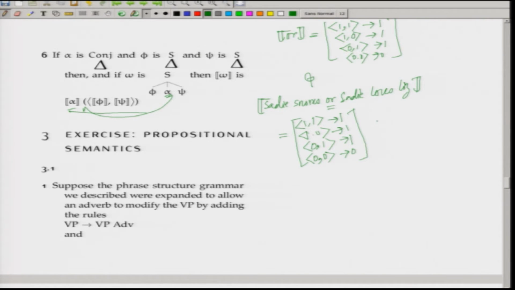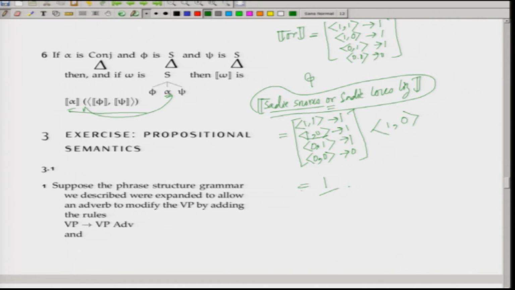This function now takes an ordered pair, and what is the ordered pair we are giving it? We know that Sadat knows was 1 and Sadat loves Liz was 0. This ordered pair, that is this 1 0, gives us 1. So that is how the truth value of the entire sentence will be 1, we have seen.